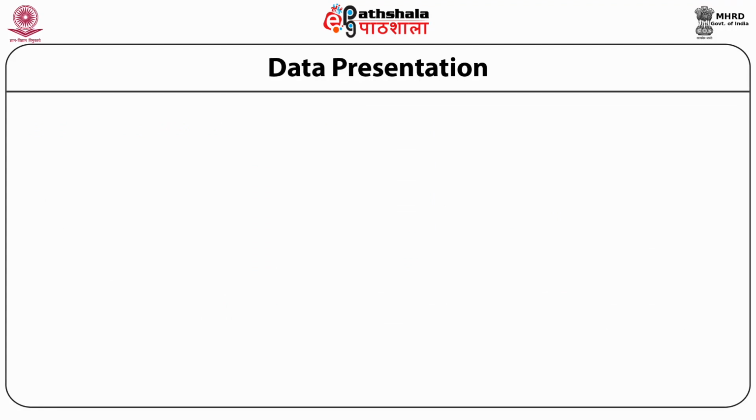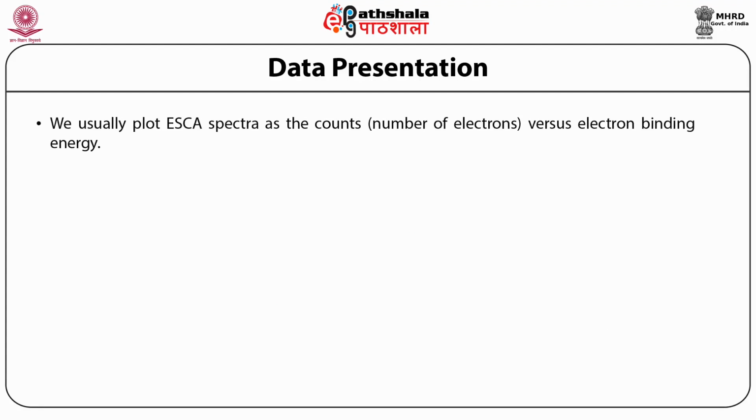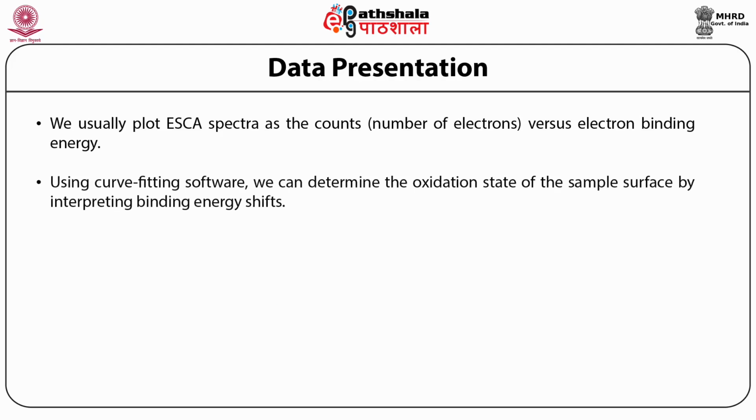Data presentation. We usually plot ESCA spectra as the count, number of electrons, versus electron binding energy. Using curve fitting software, we can determine the oxidation state of the sample surface by interpreting binding energy shift.